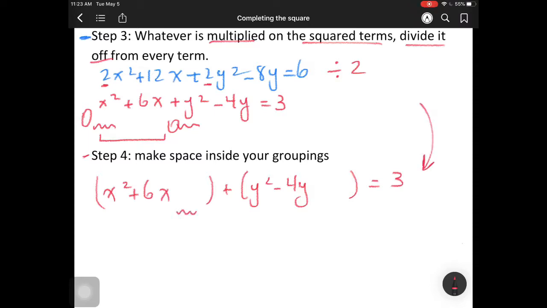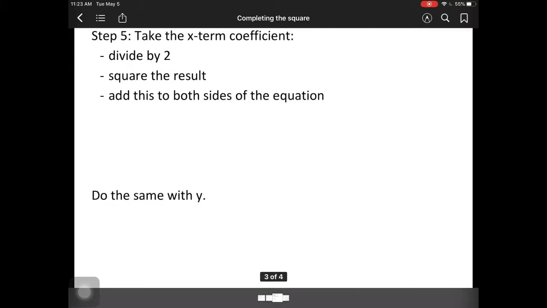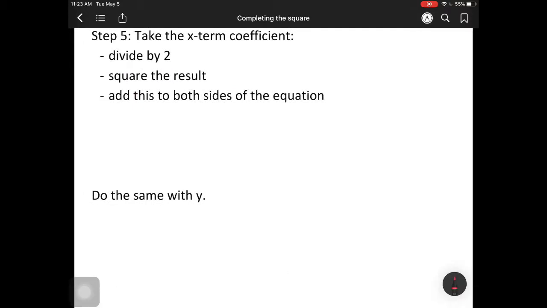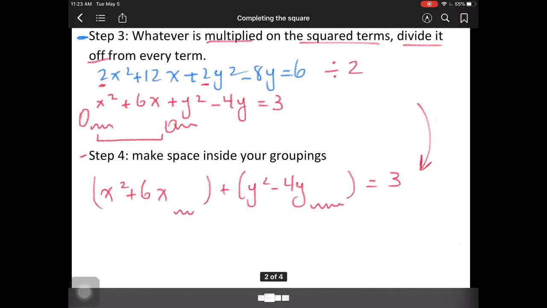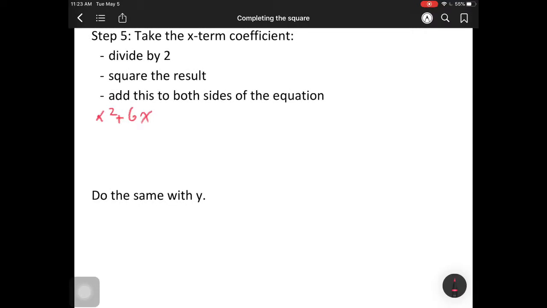It just says leave space here and leave space here. That's it: x squared plus 6x, y squared minus 4y, equals 3.